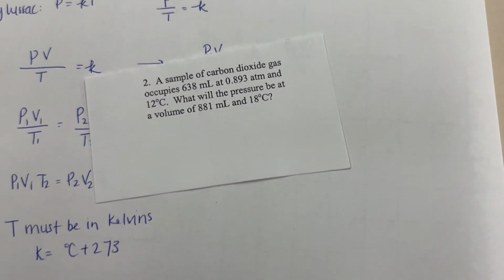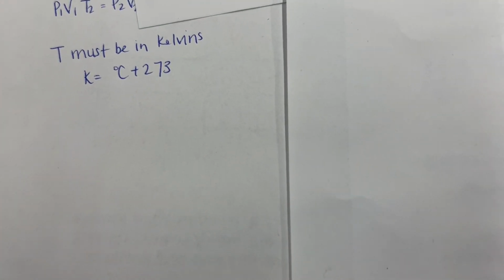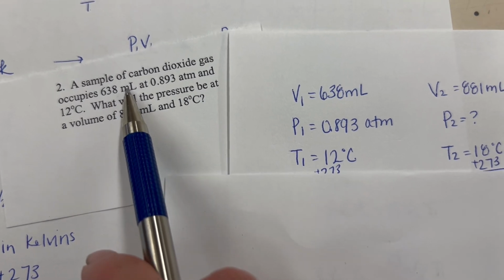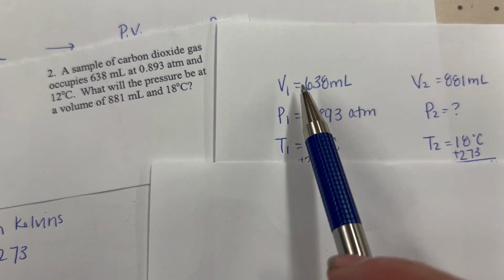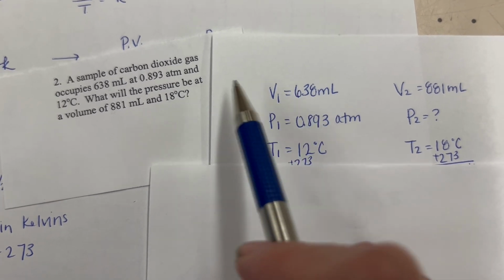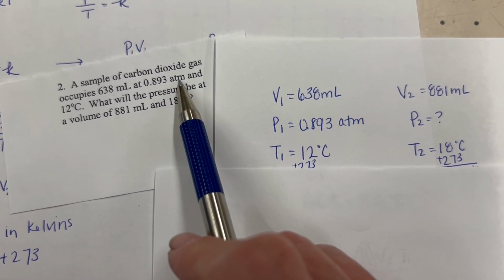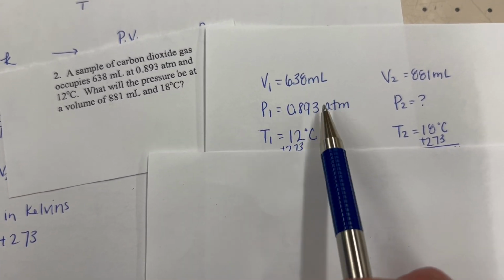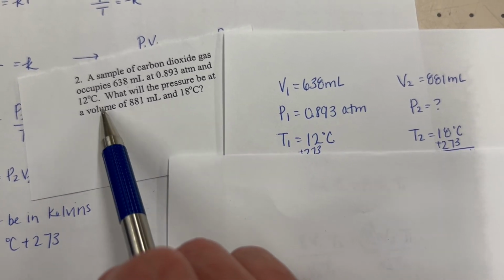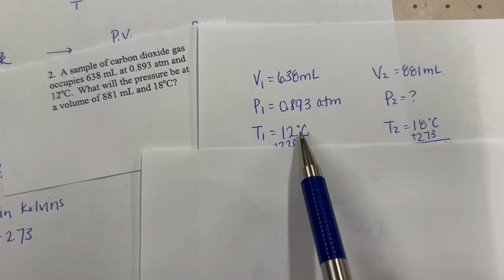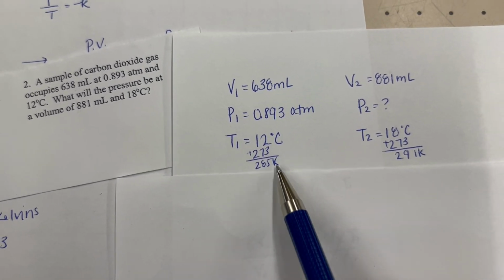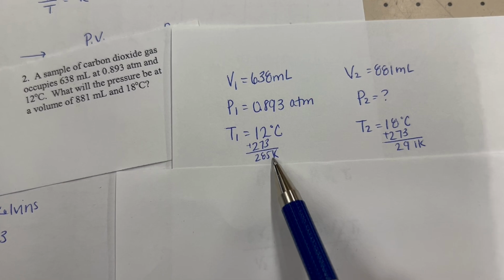So what we'll want to do is make our list. The first piece of information is in milliliters, that's my volume, so my V1 is 638 milliliters. I have 0.893 atm, which measures pressure, that's my P1. And I have a temperature of 12 degrees, my T1, and I will want to make sure that I add 273 and use the Kelvin value.